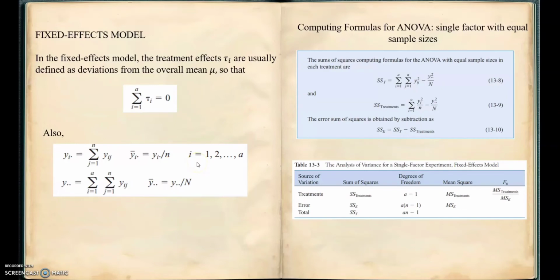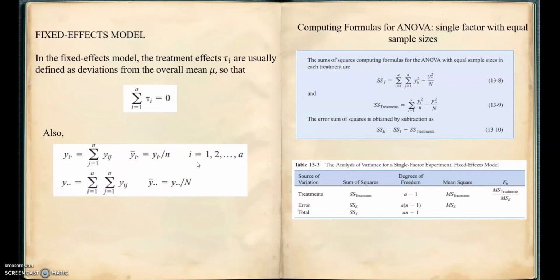The sums of squares computing formulas for the ANOVA with equal sample sizes in each treatment are: sum of squares total is equal to the summation of i equals 1 to a, summation of j equals 1 to n, of y squared sub ij minus y squared dot dot over a times n, and the sum of squares treatments is equal to the summation of i equals 1 to a of y squared sub i dot over n minus y squared dot dot over a times n.